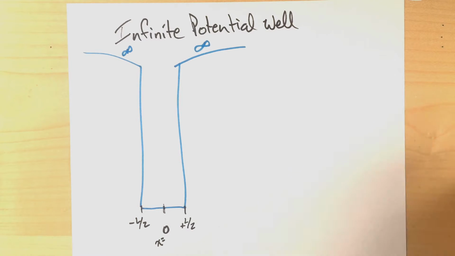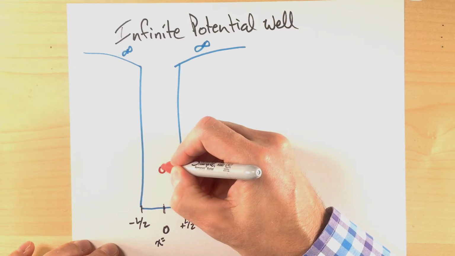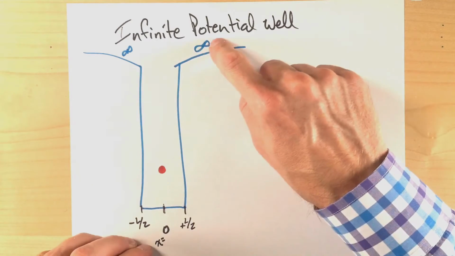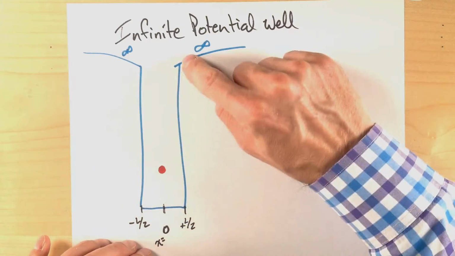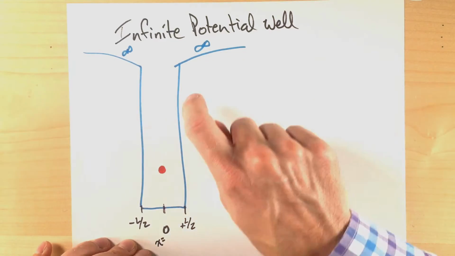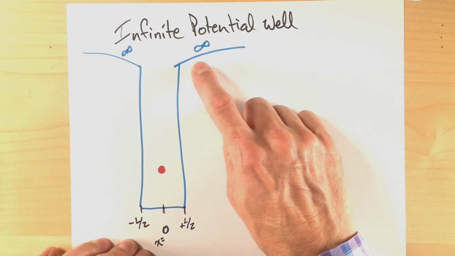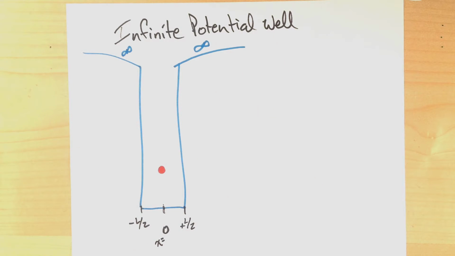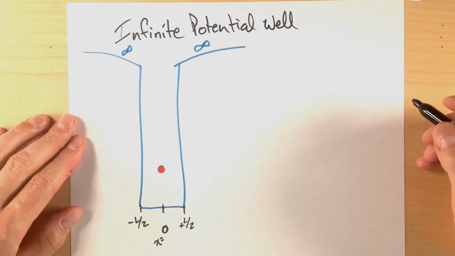Let's suppose that we place an electron, or a particle in general, right in the middle of this well. This potential means that it would require an infinite potential to get out of this well, and of course that's an impossibility. So what this potential well means is that it's going to bound the particle and keep it strongly inside the well.